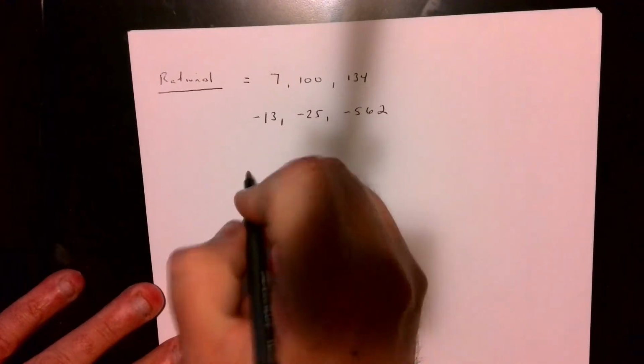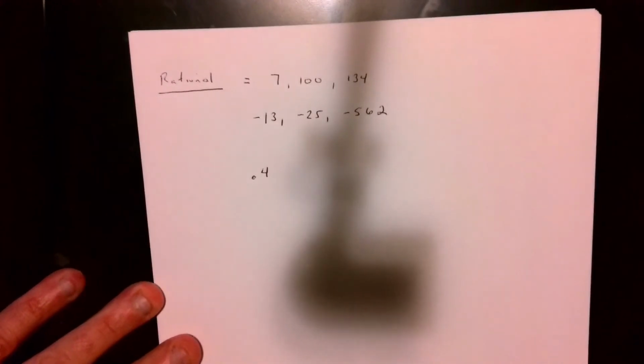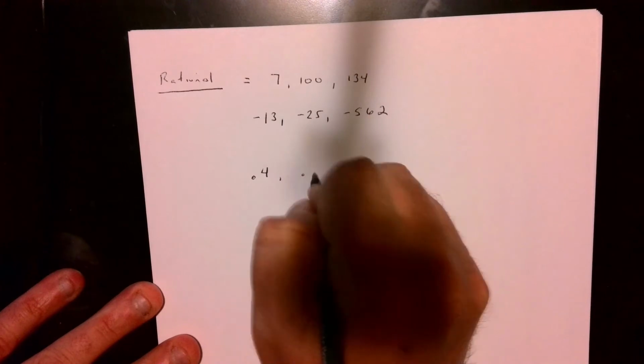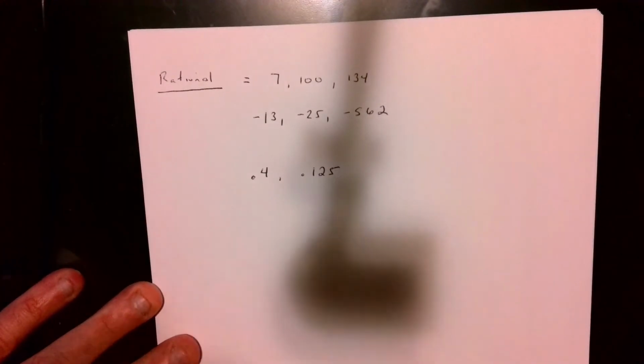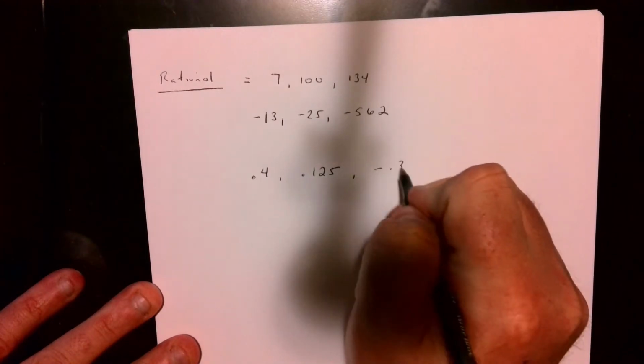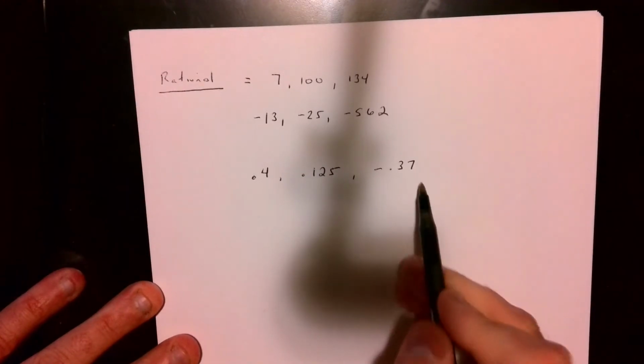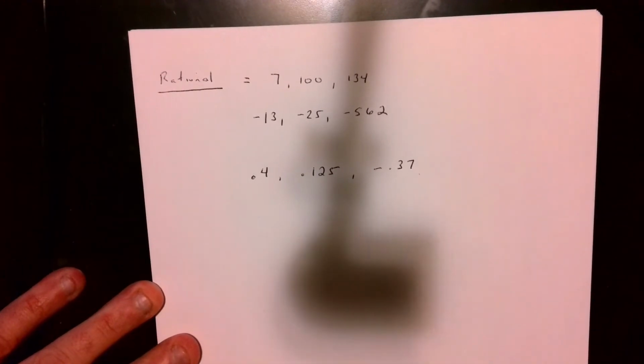Okay, that includes decimals. So if we have 0.4, it stops, it terminates, it doesn't keep going. That's rational. 0.125, okay? It stops, there's an ending to it. It's rational. If it's negative 0.37, that's also rational. It comes to a stop, it terminates. Alright? Fractions.